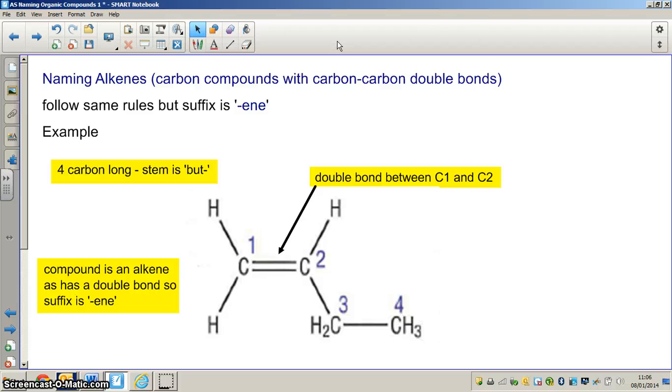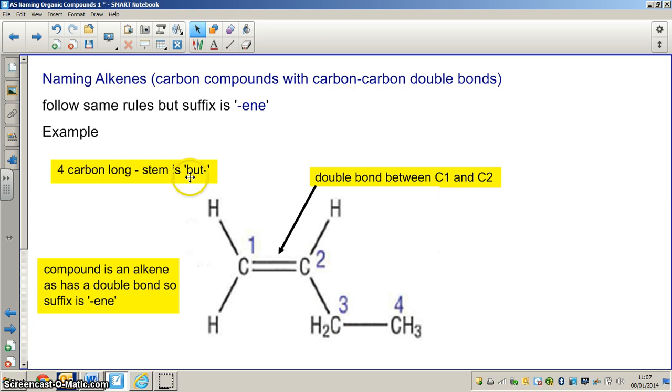In this molecule, I've actually introduced a double bond. So what we've got here is a molecule which is not saturated because it's got a carbon-carbon double bond. And again, we follow the same rules and naming conventions. What I've done is I've numbered the carbons again. 1, 2, 3, 4. And the stem then is 4 carbons long.